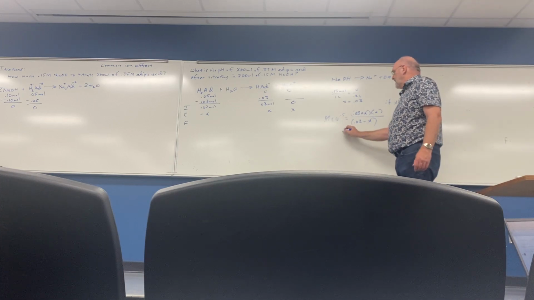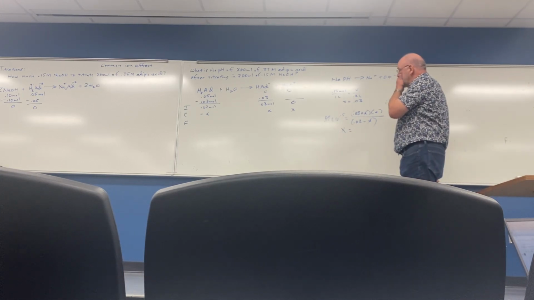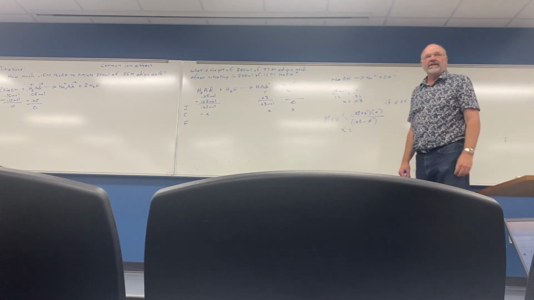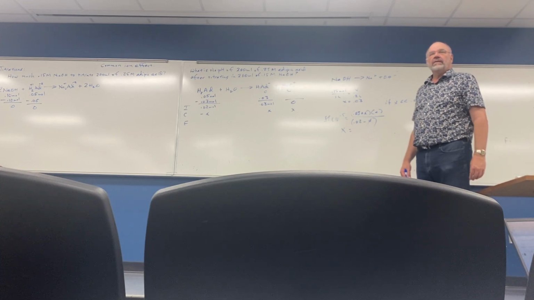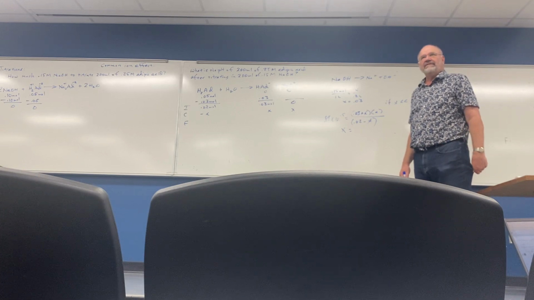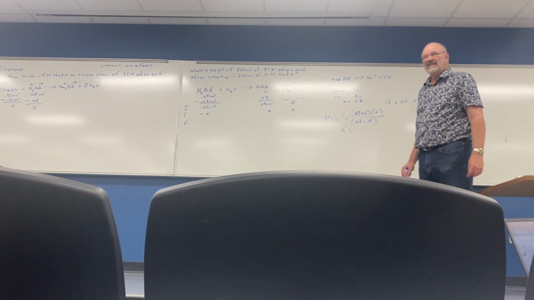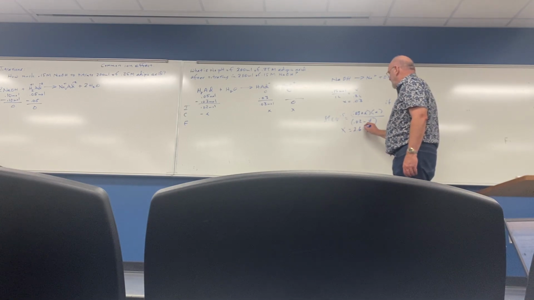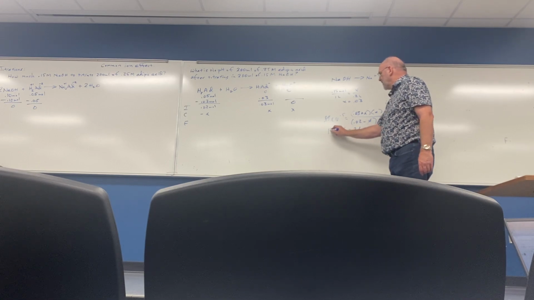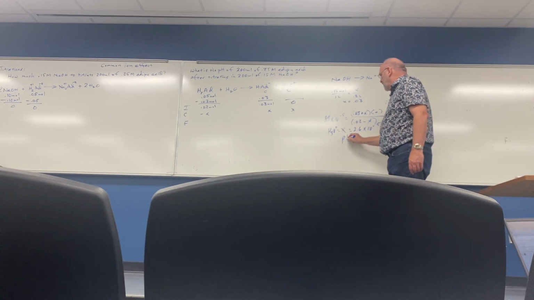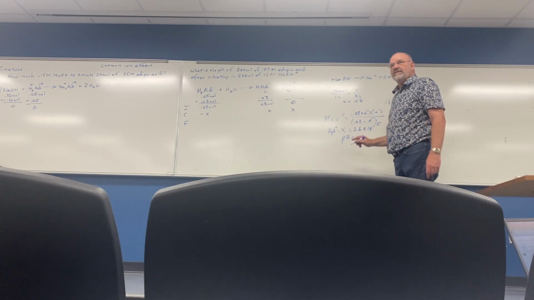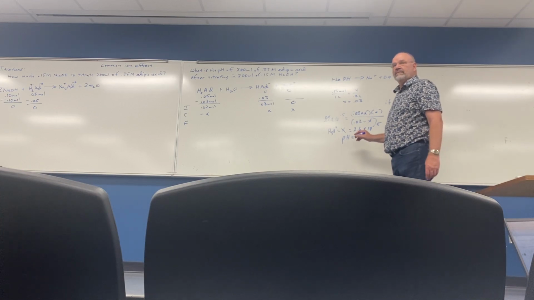And so X equals 2/3 of 3 times 10 to the minus 5, whatever that number is, 2.6 times 10 to the minus 5th, which is the H3O plus. So my pH is 4.6.